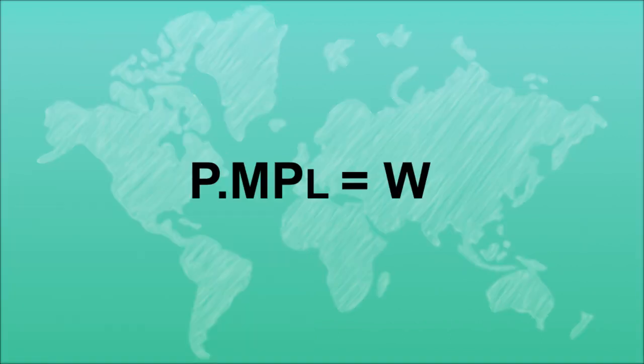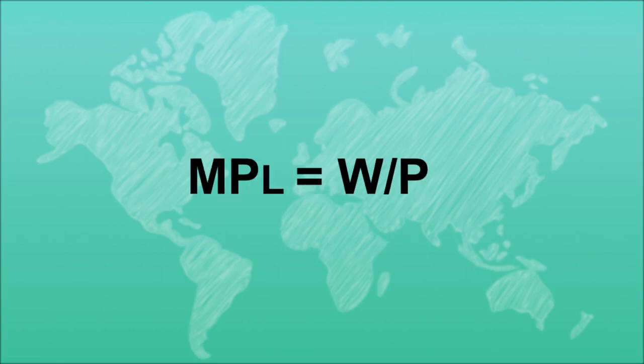Now, we can look at this particular formula, price times marginal product equal to wage rate, in a different way. Suppose I write it like this: marginal product is equal to the ratio of wages to price. This simple formula actually tells you a lot about living standards and productivity.